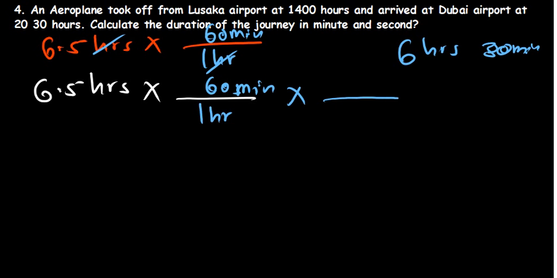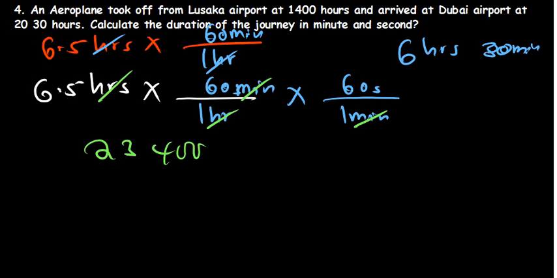Then in 1 minute I have again 60 seconds. So these units will cancel, these ones will cancel. If I multiply, I'll end up having 23,400 seconds. That is it for question 4.